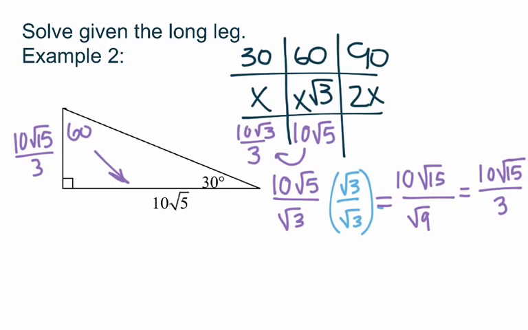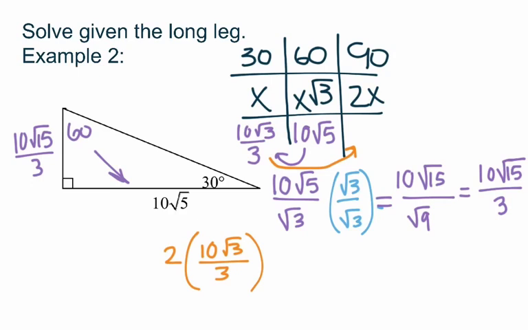Okay, so then we're going to take that answer. Okay, this time we're going from left to right. So we're going to multiply that by 2. So 2 times 10 square root of 3 divided by 3. Oh, excuse me. Oh, that's right. I'm sorry. Looking at the wrong problem. That's correct.